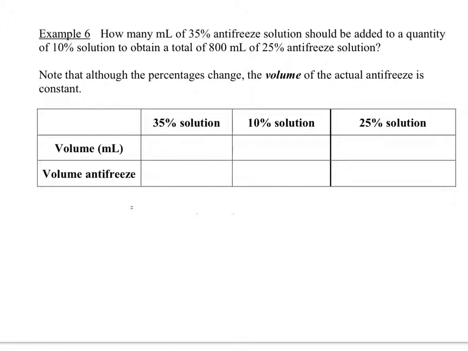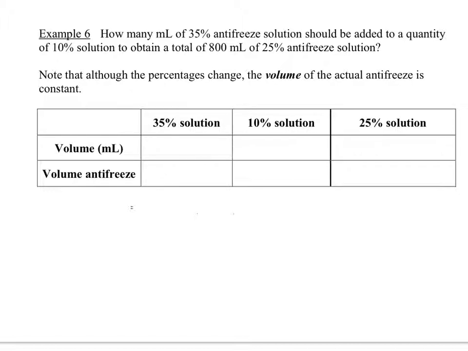In this table, we'll have one row for the total amount of solution, that's antifreeze plus whatever water or whatever else makes up the solution, and then the antifreeze alone down here, which in the end should just be 25% of the 800 milliliters.